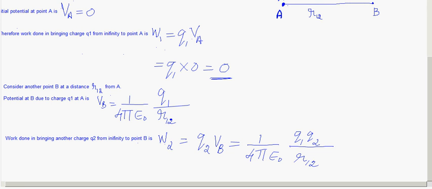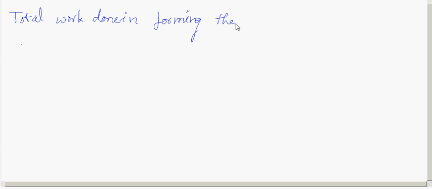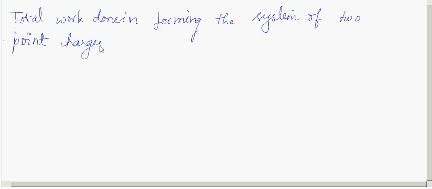So therefore the total work done in forming the system of two point charges q1 and q2 is W equal to W1 plus W2.